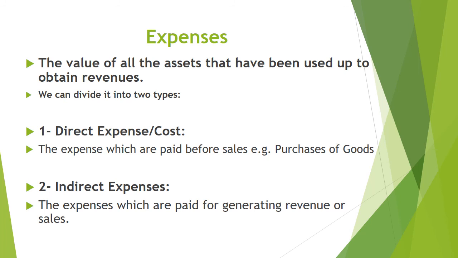And the second is indirect expenses, the expenses which are paid for generating revenue or sales. These expenses will be charged after the gross profit, and direct expenses, the cost, will be charged before gross profit.